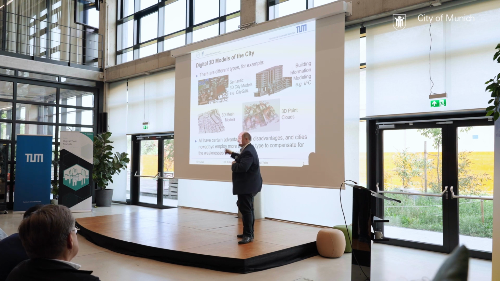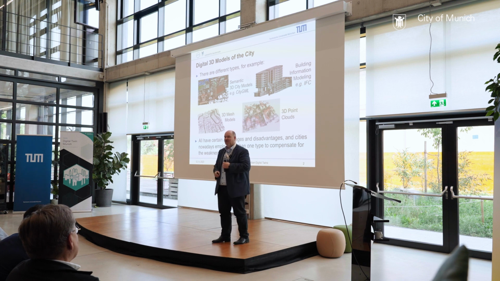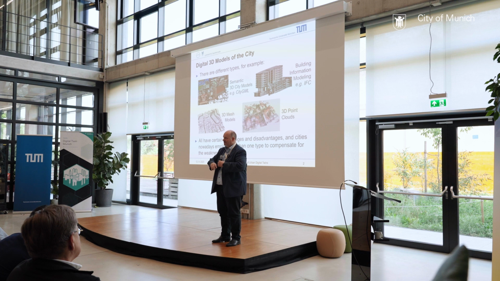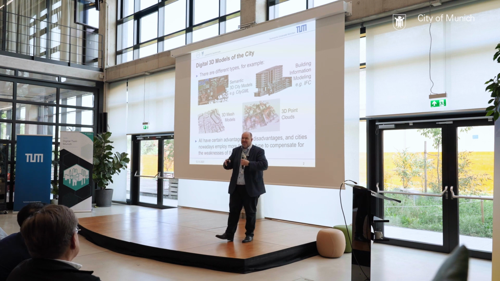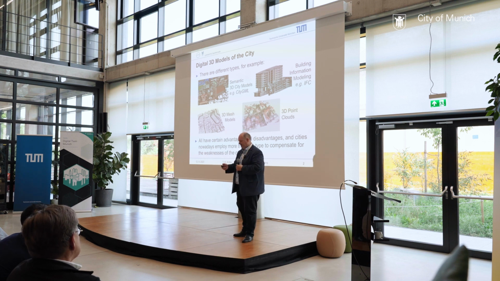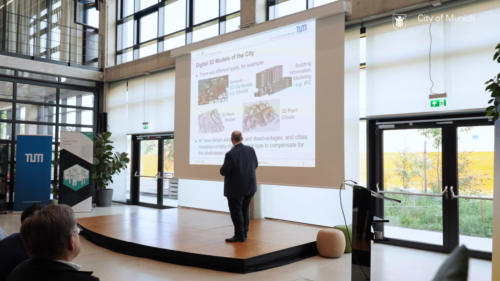And on the top left, this is basically semantic 3D city models, which takes a look at the entirety of the city, including vegetation, including also natural water bodies, including the terrain, the relief, etc. And so basically is addressing the entire city, but in a more highly generalized way.